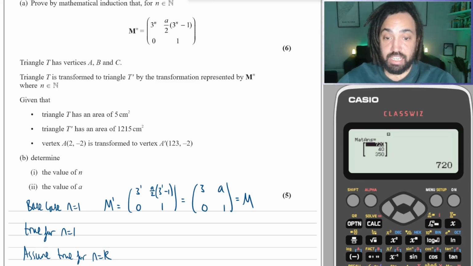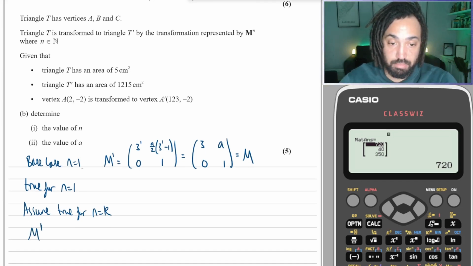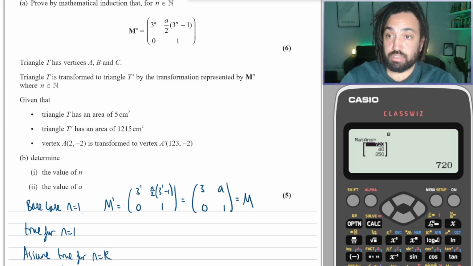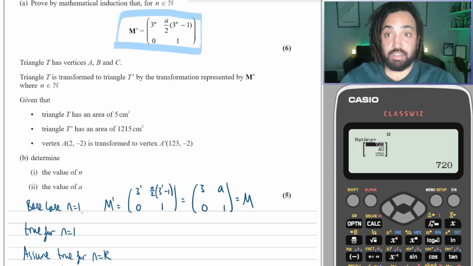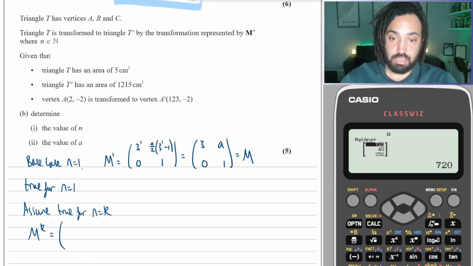And if that is the case, then I can just write down that M to the k is going to equal this matrix, but with the n replaced with the k. So that would be 3 to the k, it would be a over 2, 3 to the k minus 1, and it would have a 0 and it will have a 1 there.